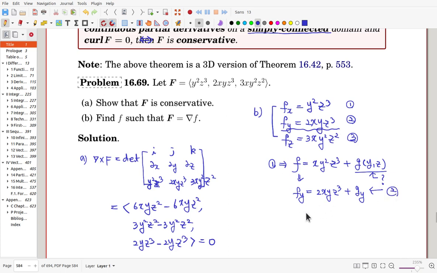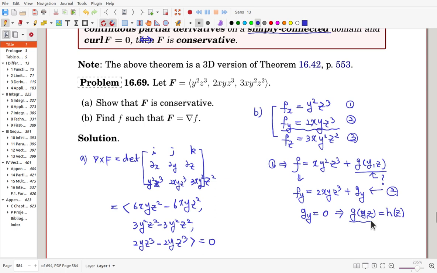Then we find g sub y equals 0, which implies that g as a function of y and z has no y involved, so that derivative must be 0, which means that g must be a function of only z.